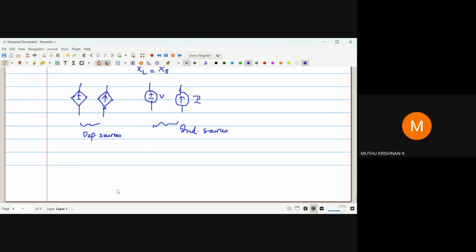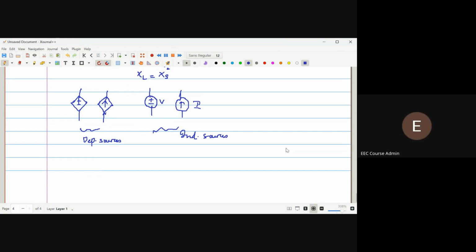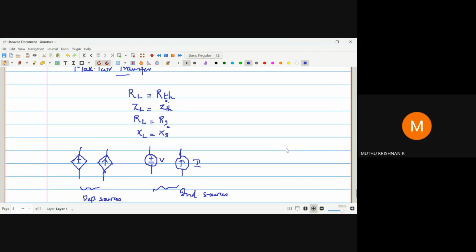Ma'am, regarding that maximum power transfer, why does it work that way? Because generally, we have an intuition that if the resistance is very low, we can get maximum power from the source, right?